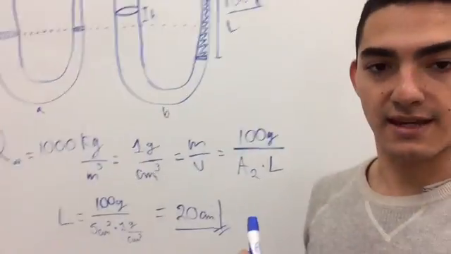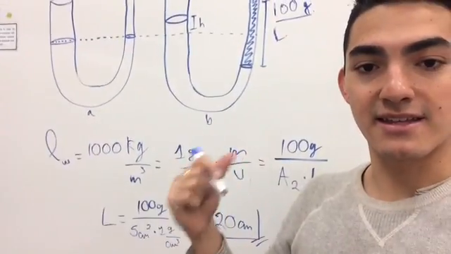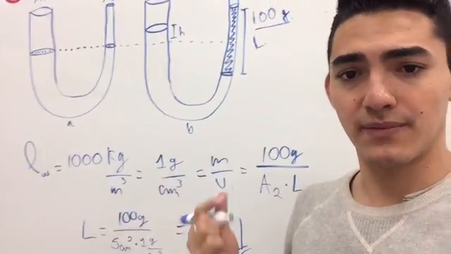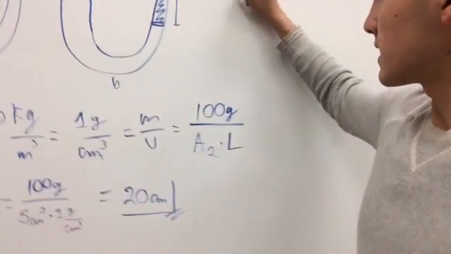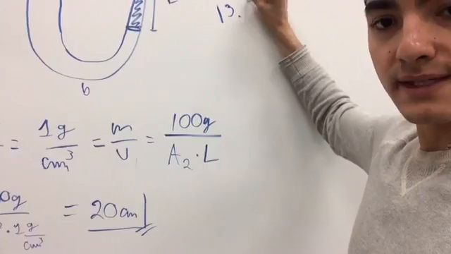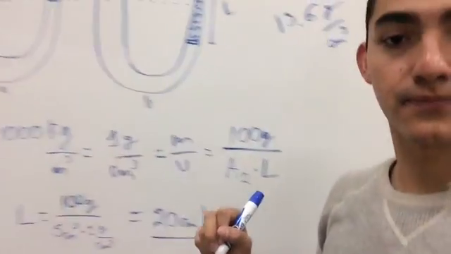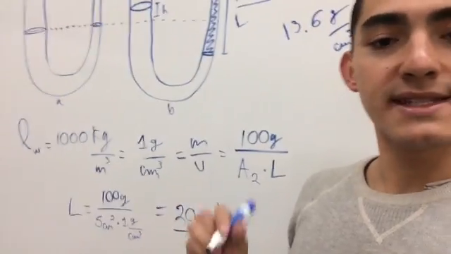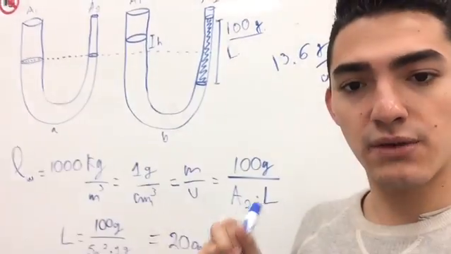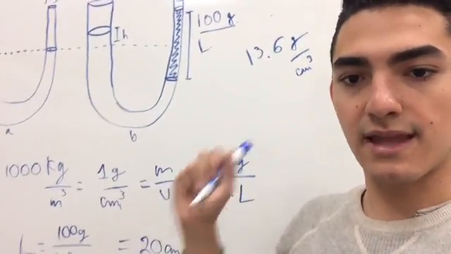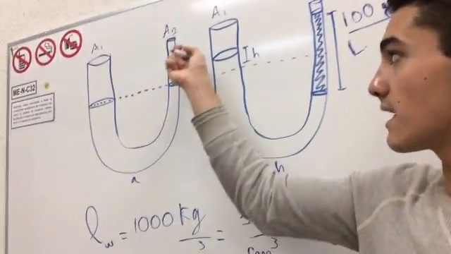The other question says, given that the density of mercury is, I'm going to write it here, 13.6 grams over centimeters cubed, what distance h does the mercury rise in the left arm? So here's the left arm.